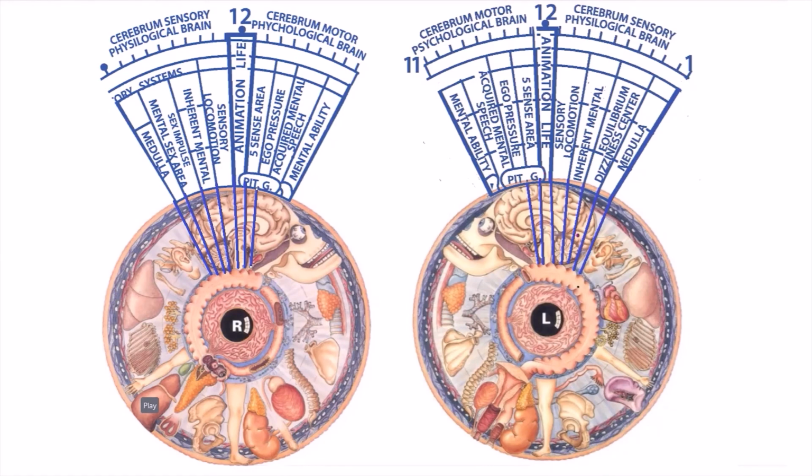Okay, and then we have perfectionism, self-stress, and then most known, especially by those who follow Bernard Jensen's work, as the ego pressure zone.